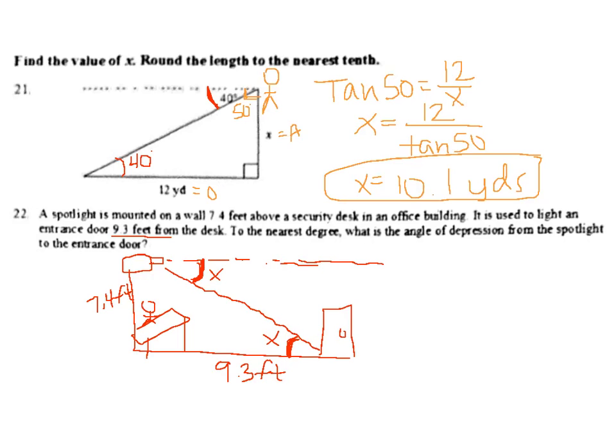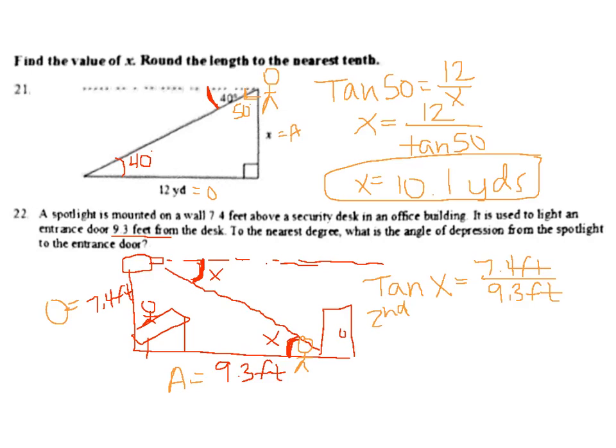Okay, so that's where I'm going to draw my little man so I can look around my triangle. I have my opposite is 7.4. My adjacent is 9.3. So opposite and adjacent, I know I'm using tangent. So tangent of whatever my angle is equal to opposite over adjacent. Now when I put that into my calculator, remember, I can find an angle in a second.